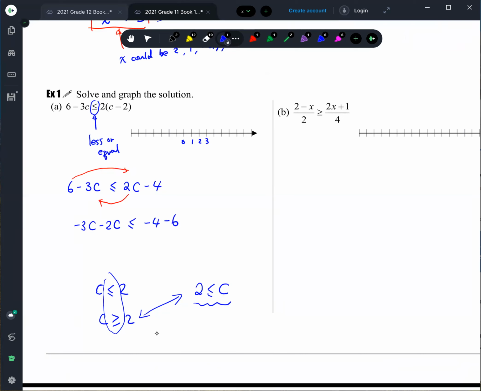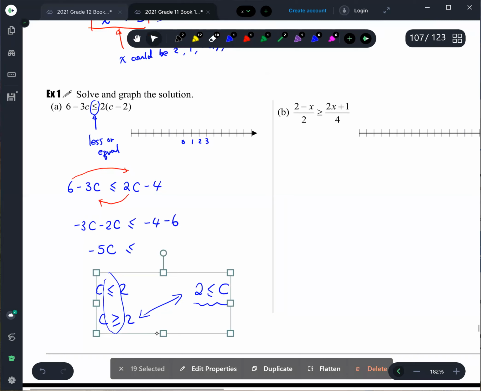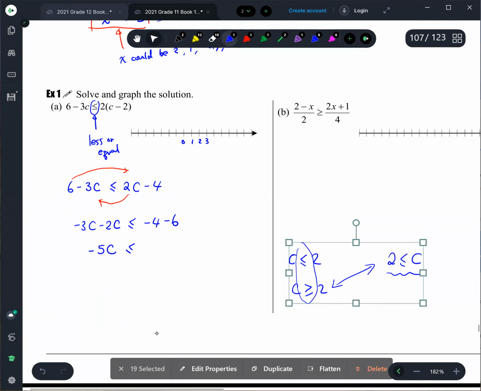That'll be negative 5c. Yeah, negative 5c. Less than or equal to what, Mackenzie? What's on the right side? Negative 10. Okay, very good.